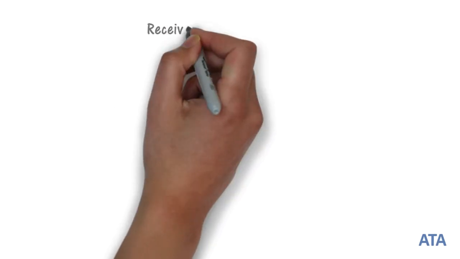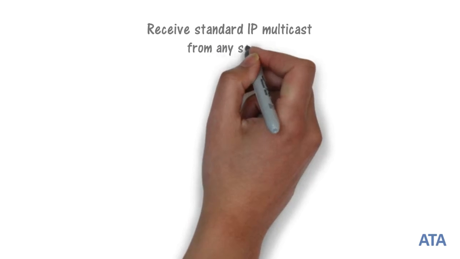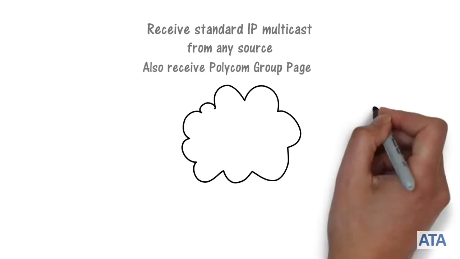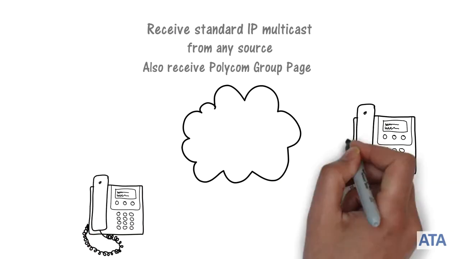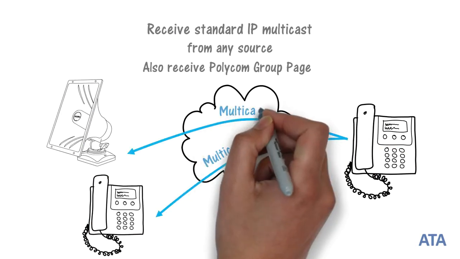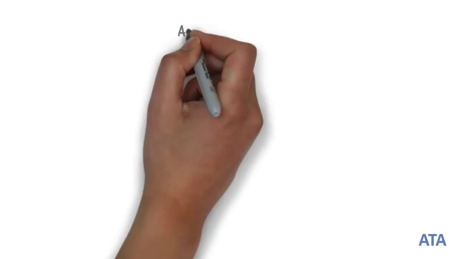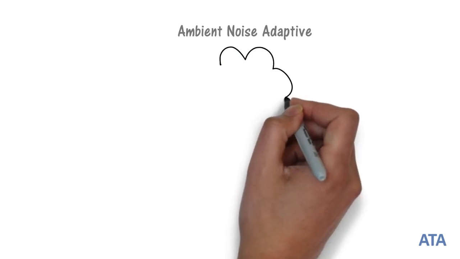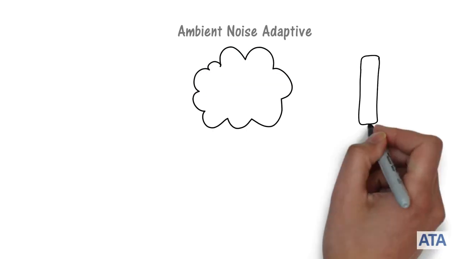Multicast capability also includes receiving an IP multicast from other sources, such as either a standard RTP multicast or Telecom group page. In this application, there is no SIP registration required. The ambient noise monitoring capability of the 8186 can adjust speaker level to the background noise of the environment.